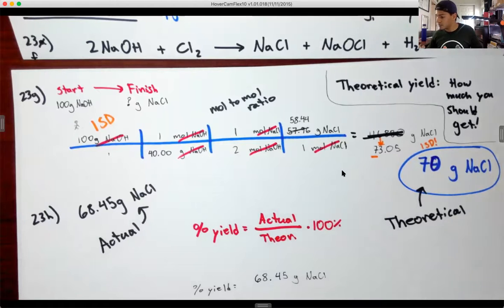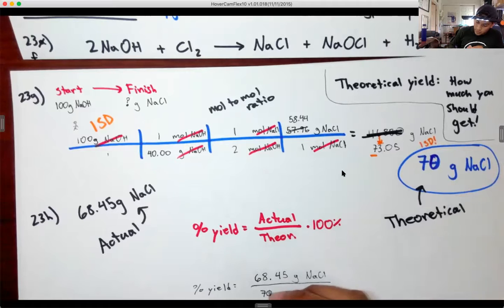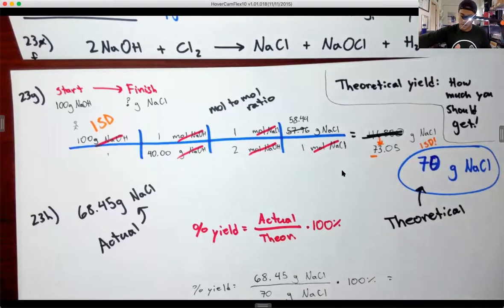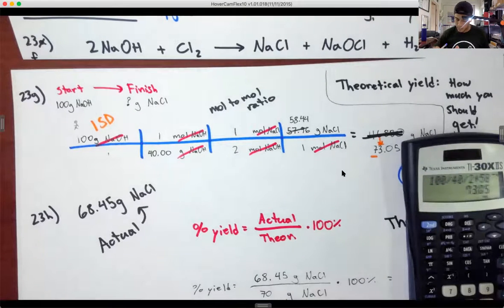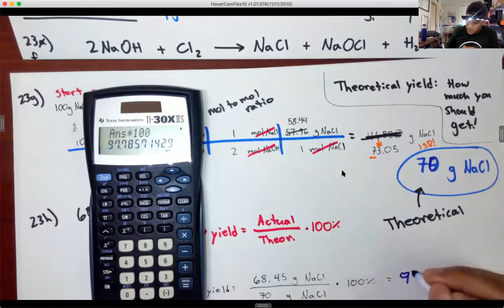Let me just double check this. Okay. Over the theoretical, which is 70 grams of NaCl, times 100%. If we work that out on our calculator, 68.45 divided by 70 times 100%, this is what we get: 97.785%, right?